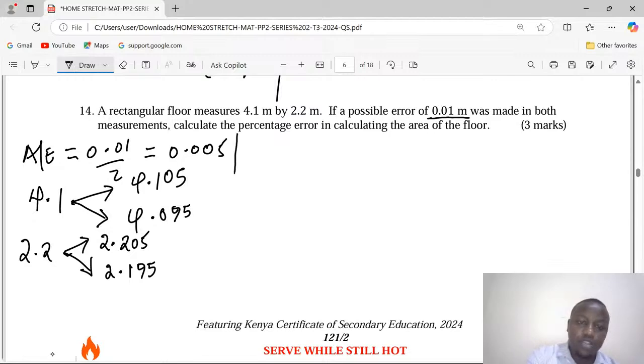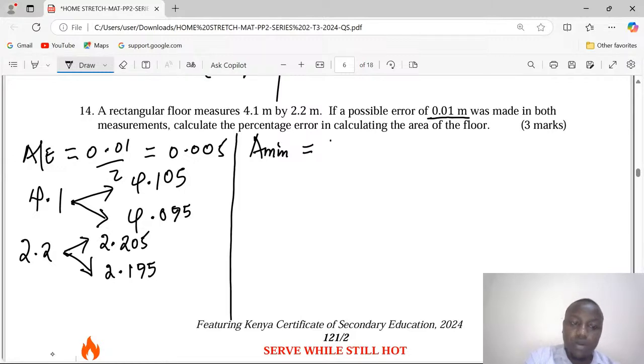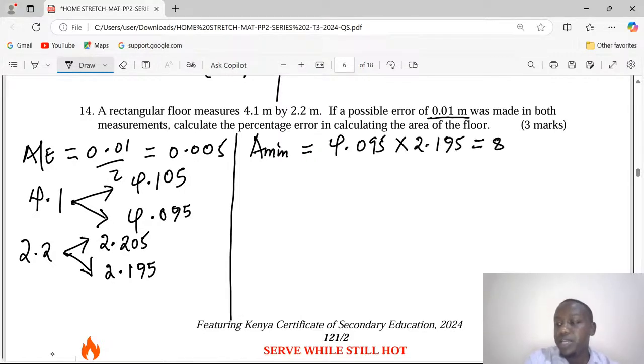Area minimum shall be when we take the lower limits, 4.095 by 2.195. This minimum area shall be 8.988525 square meters.